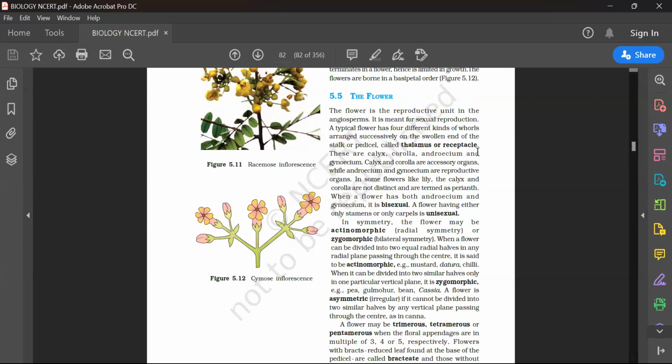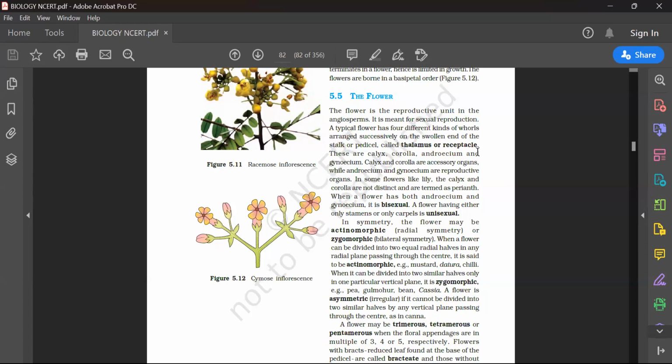First one is the thalamus or receptacle, a structure on which the whorls of the flower are arranged. The whorls are calyx, corolla, androecium, and gynoecium. Calyx and corolla are the accessory organs, while the androecium and gynoecium are the reproductive organs.